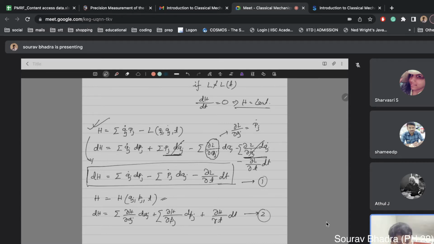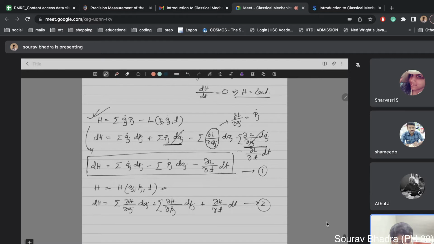Now we will compare the similar terms. This term we will compare with this term, because it is the term associated with dPj. That will give us Qj dot is del H by del Pj.